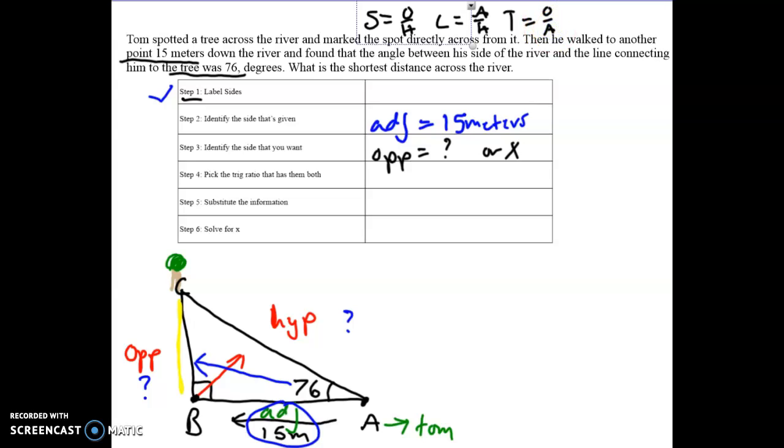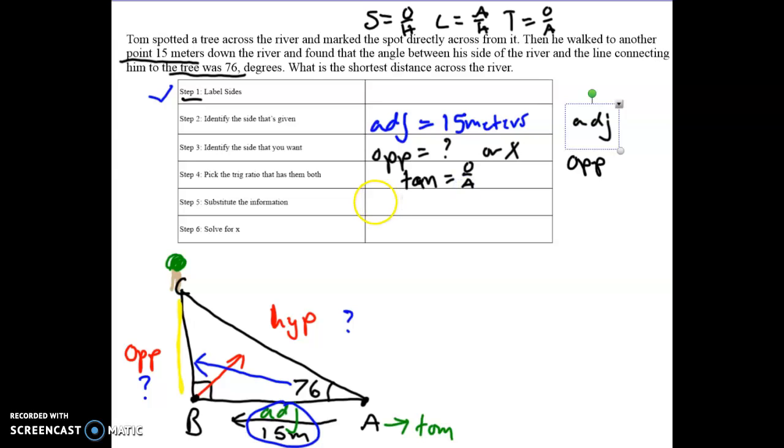So I look at what I know. I know my adjacent side. I don't know my opposite side. That's what I'm looking for. So I know O and A. I'm going to use my tangent equation, so I'm going to pick the tangent of opposite over adjacent.